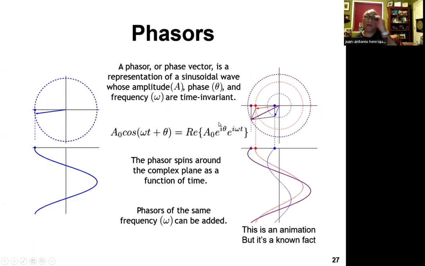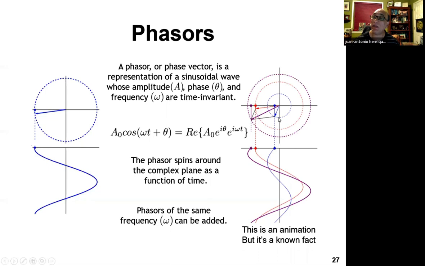Another way of looking at the representation of the phasor vector is looking at this expression as this point moves along the unit circle. If you look at it coming out of the screen, you'll see a waveform forming, like I showed you before in the time domain, right?